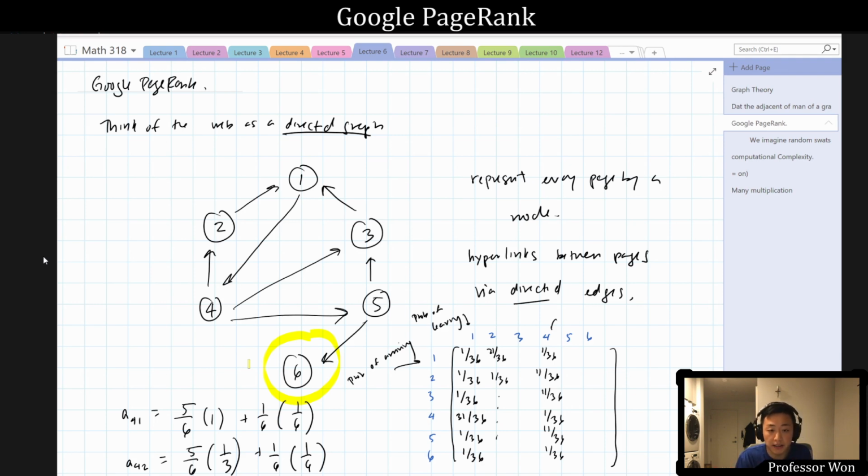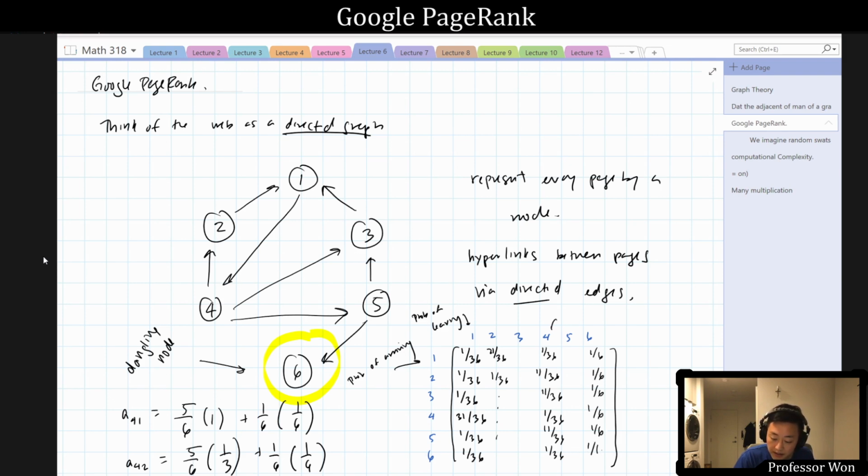This is what's called a dangling node. And we need to do something special with this because we don't want our surfers to get stuck because there's no links to click. So if they ever reach a node where there's no links to click, then what you do is you just randomly send them to a page with equal probability across your network. That means that this last column is special. It's just all 1/6.